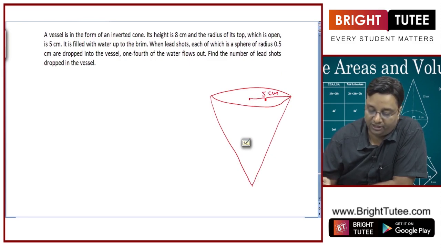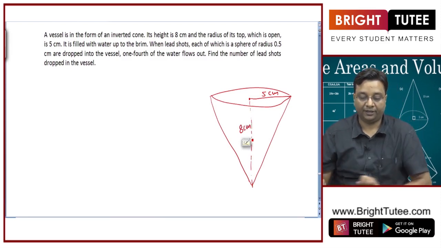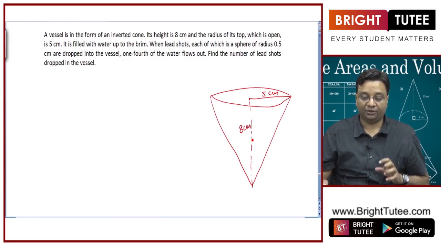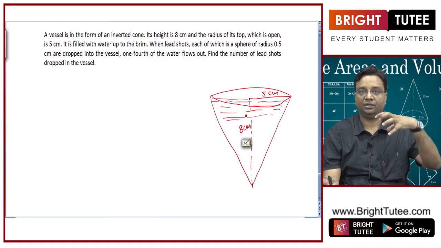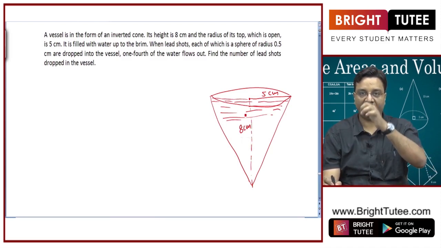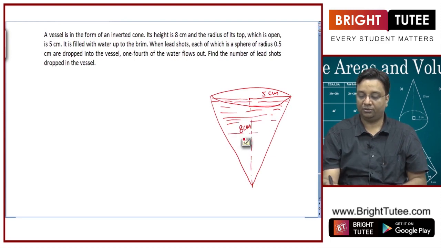This top is open, right? We can put anything inside it, and this height is 8 centimeter. It is filled with water up to the brim. That means it is full of water. If you put any more water in it, it will come out. So it is filled up to brim.